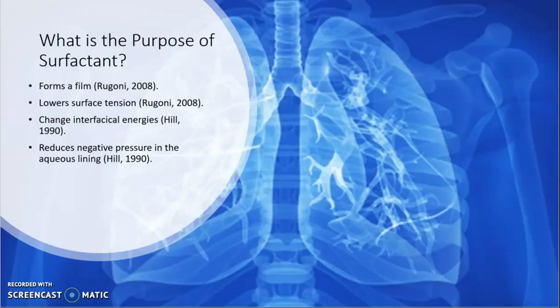All of these functions that surfactant has are due to its properties, where one part of the molecule is polar, seeking water, and the other part is nonpolar, seeking air, and that's what's forming the barrier and the film.